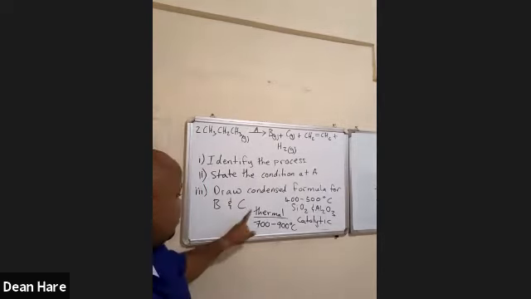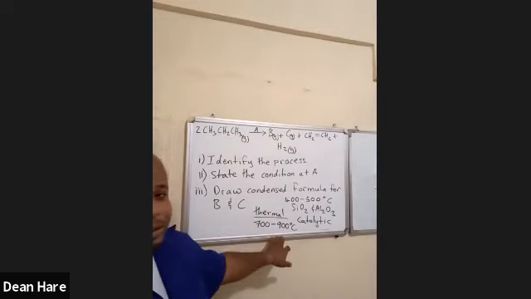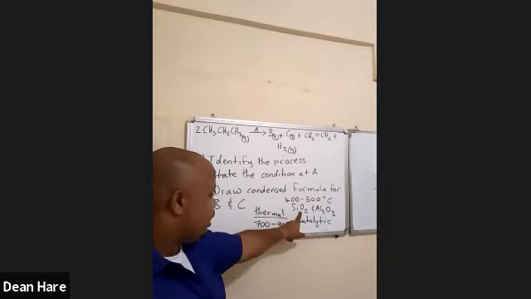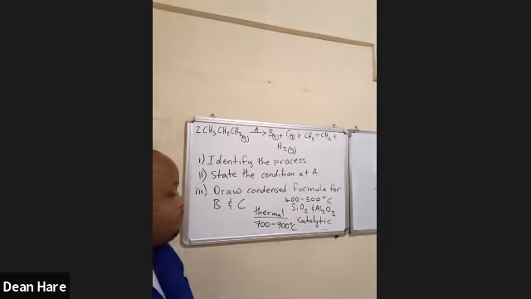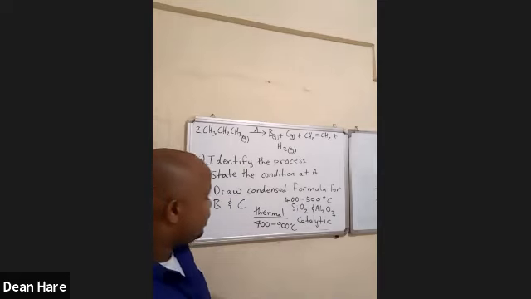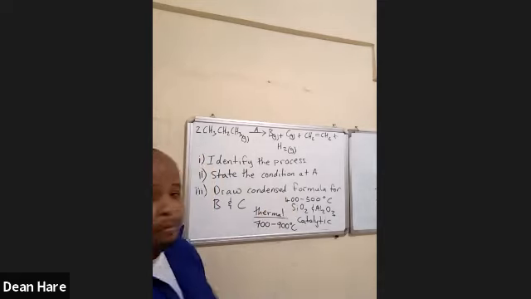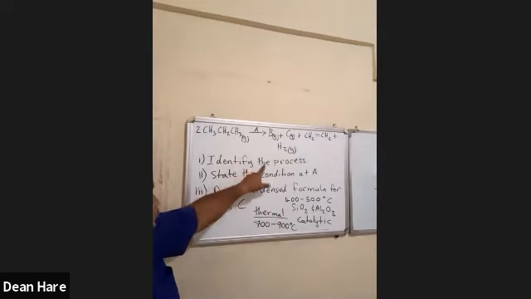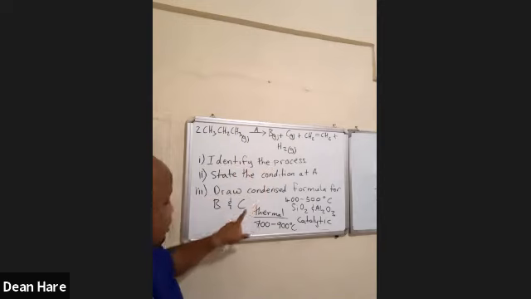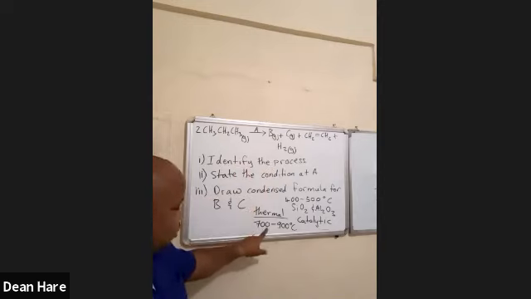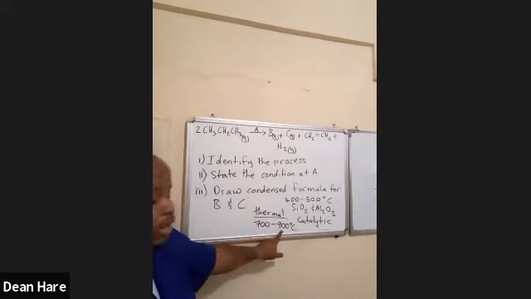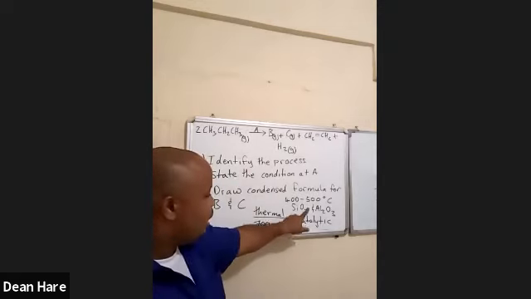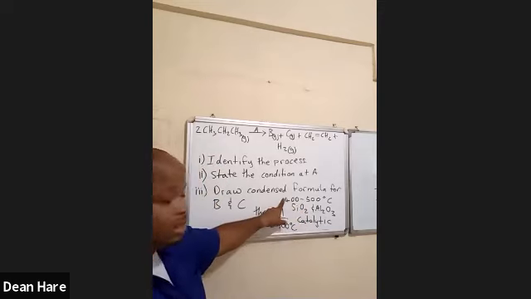For thermal, 700 to 900, and for catalytic, SiO2 and Al2O3 for the catalyst, and the temperature 400 to 500 degrees Celsius. So if you had identified the process as thermal cracking, then you would just put 700 to 900 degrees. And if you choose catalytic, you would put the catalyst as well as the temperature.